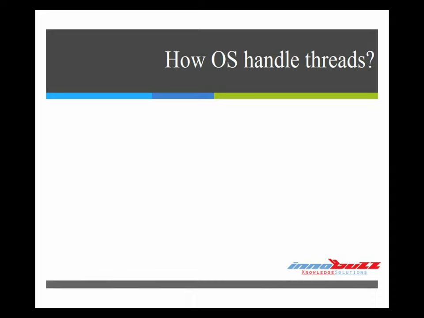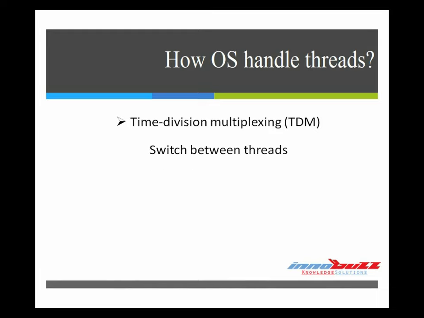The operational system can use time division multiplexing, TDM. This way, a single processor switches between different threads frequently enough that the user perceives that the tasks run at the same time. All threads have a priority, and an algorithm chooses between them depending on that priority. So it is switching between threads.